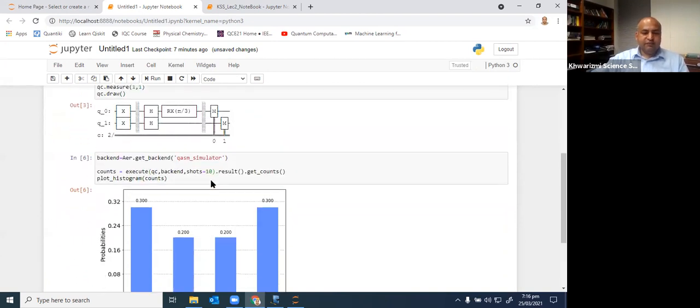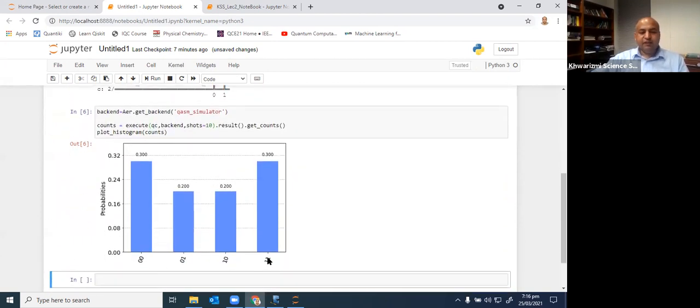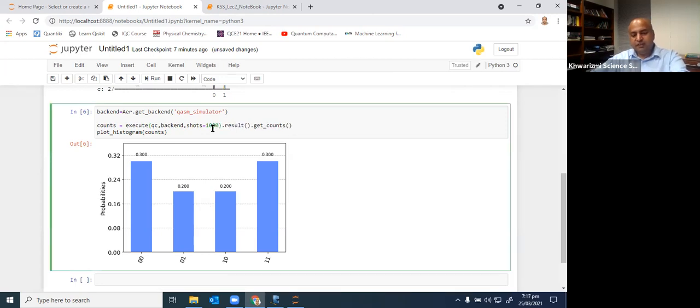Now I see that I'm getting some distribution, where 0, 0 means qubit 0 is in the 0 state and qubit 1 in the 0 state. There's a 30% probability. Then qubit 0 in the 0 state and qubit 1 in the 1 state, 20%, and so on. But this might still not be true, right? 10 is not a great number of samples to guess the state. So let's run it for, let's say, 1,000 times.